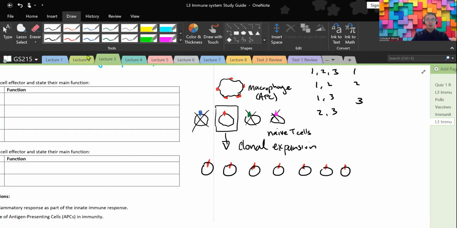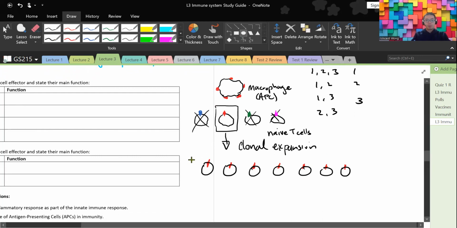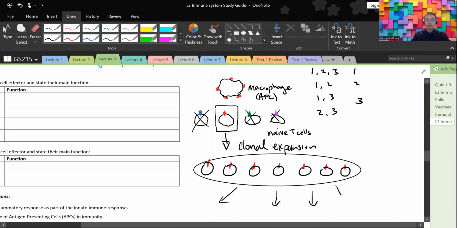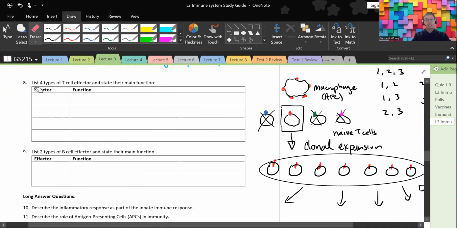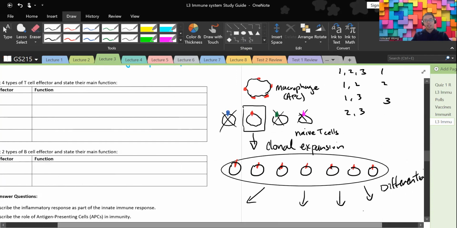After clonal expansion, this population will differentiate into effectors that specialize in doing certain things, and that's what this question is asking, the 4 effectors of T cells.